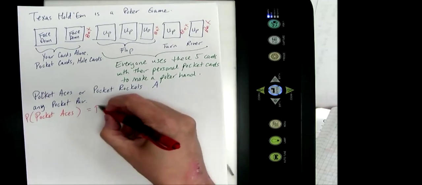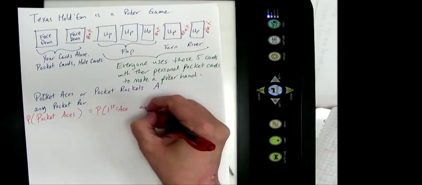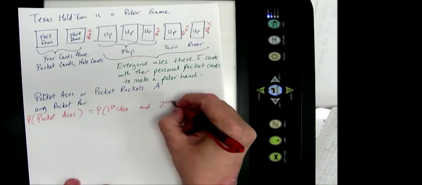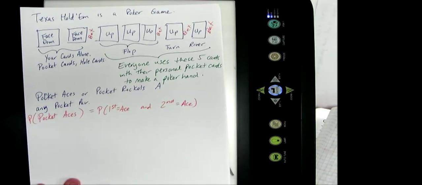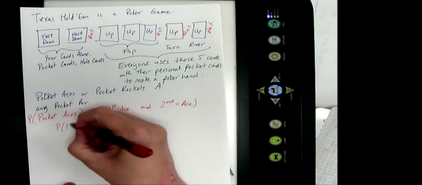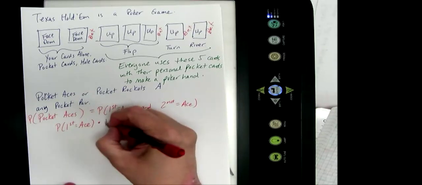So it's the probability that your first card equals an ace, and your second card equals an ace. And this turns into multiplication, as it always does.